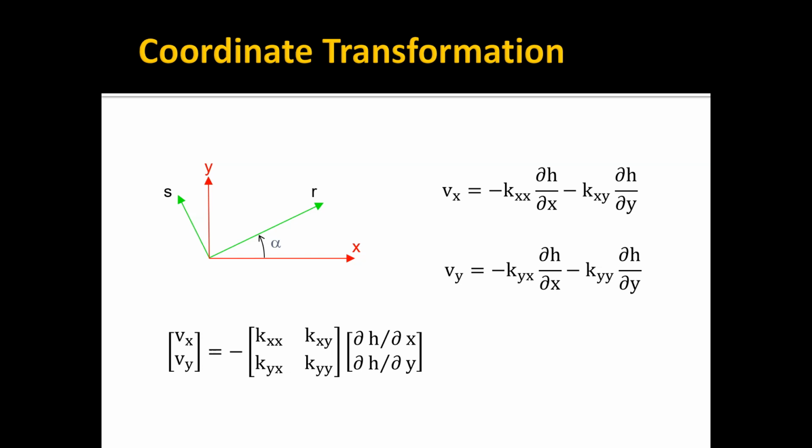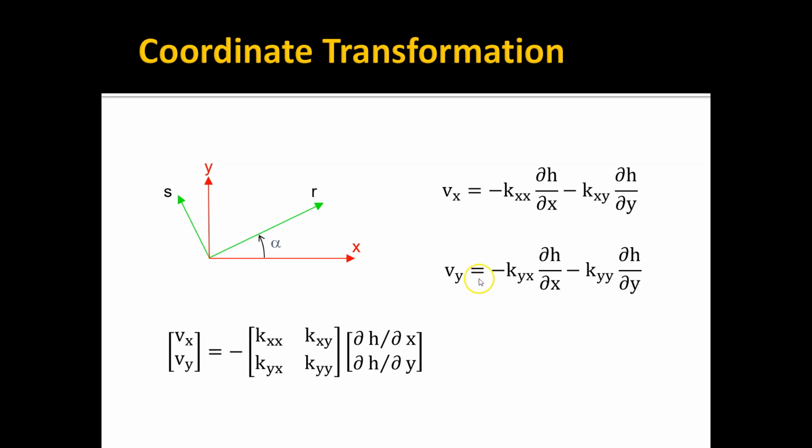So another way to think of this, before we go on, the Darcy velocity in the x direction is equal to the hydraulic conductivity in the x direction times the hydraulic gradient in the x direction minus this somewhat different hydraulic conductivity times the gradient in the y direction. So since the bedding planes aren't aligned with x and y, the hydraulic gradient in the y direction can have an impact on the flow in the x direction.